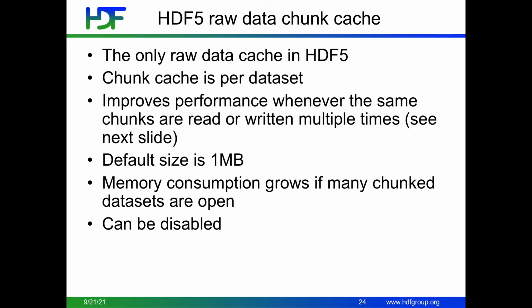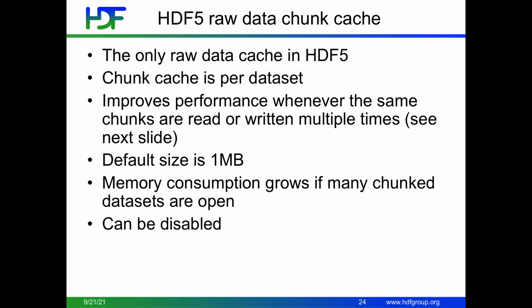So if you read or write by chunk, and your access pattern coincides with each chunk, you may disable the chunk cache, and this will help to reduce memory consumption for the application. The default size of the cache is 1 megabyte. And imagine you have, like, 100, which is a case we really see, 100 datasets open simultaneously to read from here and there.